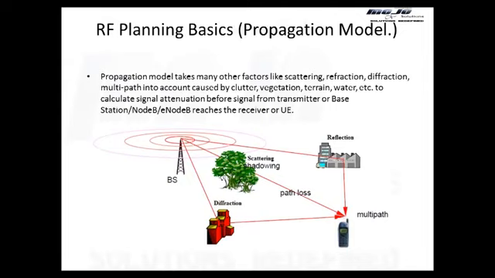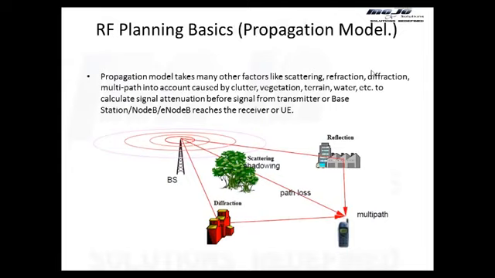Those inputs depend on the terrain, vegetation, and the man-made structures, buildings, homes, skyscrapers. That is called clutter. So each propagation model is tuned according to its clutter: urban clutter, suburban clutter, rural clutter, and so on.